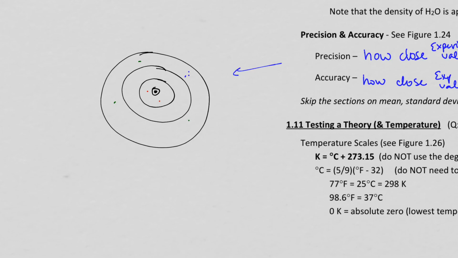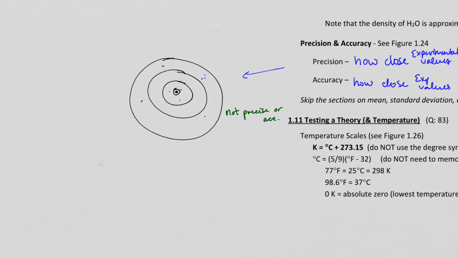The red dots are close to the bullseye, but they're not very close to each other. So we're going to say the red dots are accurate, not precise. And the blue dots are really close to each other, but they're not close to the bullseye, so they're precise, but not accurate.